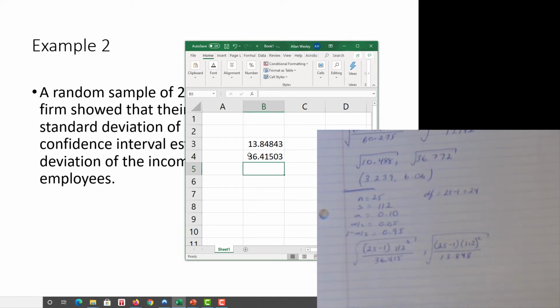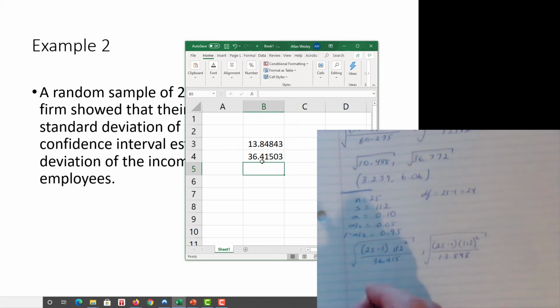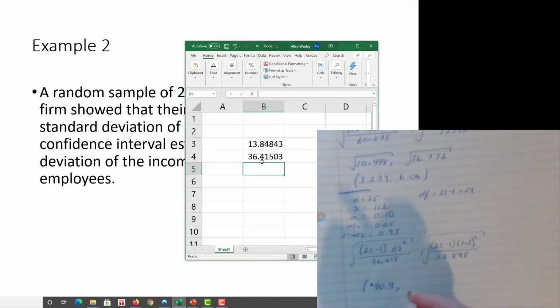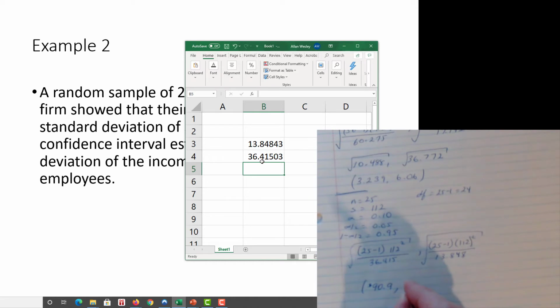And there you go, we got our 13.848 and 36.415, same as what we had before. And so when we bring this all together, we're essentially looking at a confidence interval of $90.90 on the lower end and about $147 on the upper end.